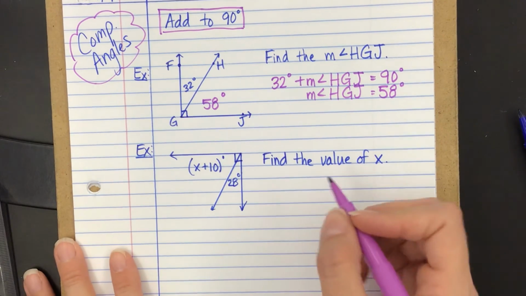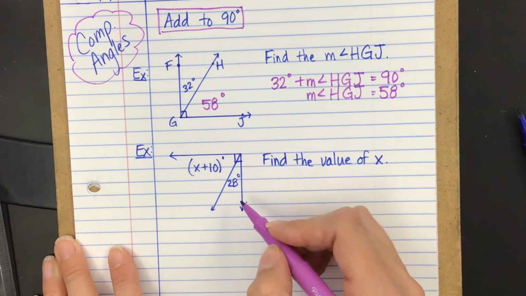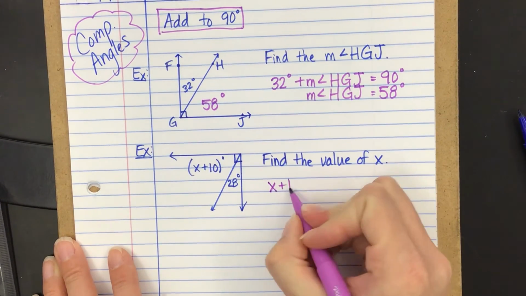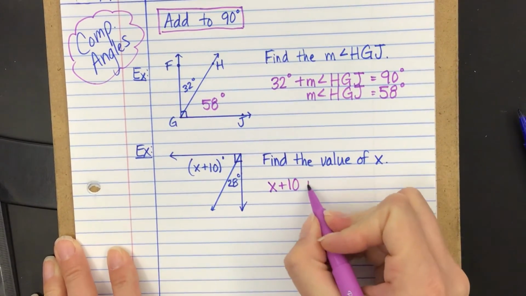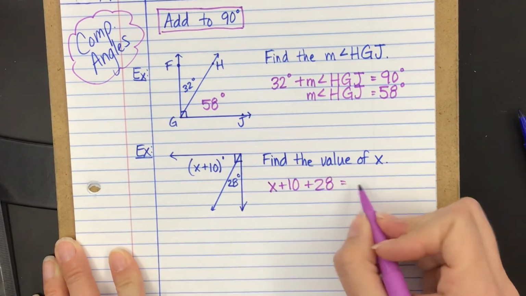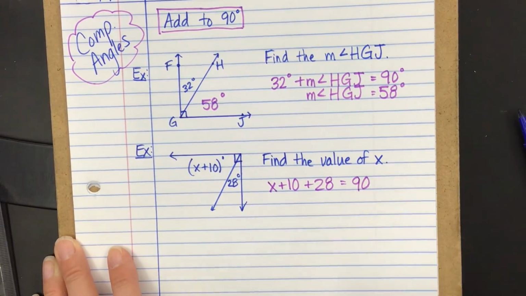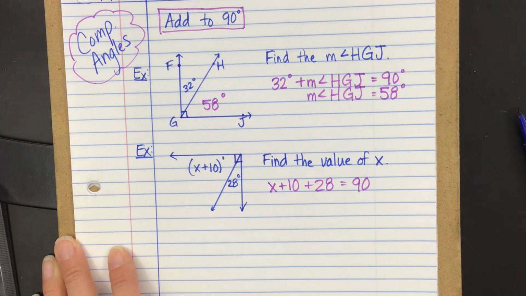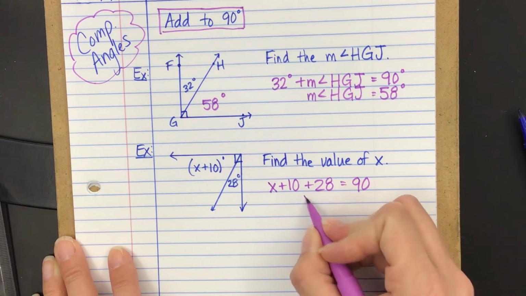Okay, so we're going to set up the equation. So this angle is x plus 10, this angle is 28, and altogether we know that this is 90 degrees. So I'm just going to simplify it and solve to find x.